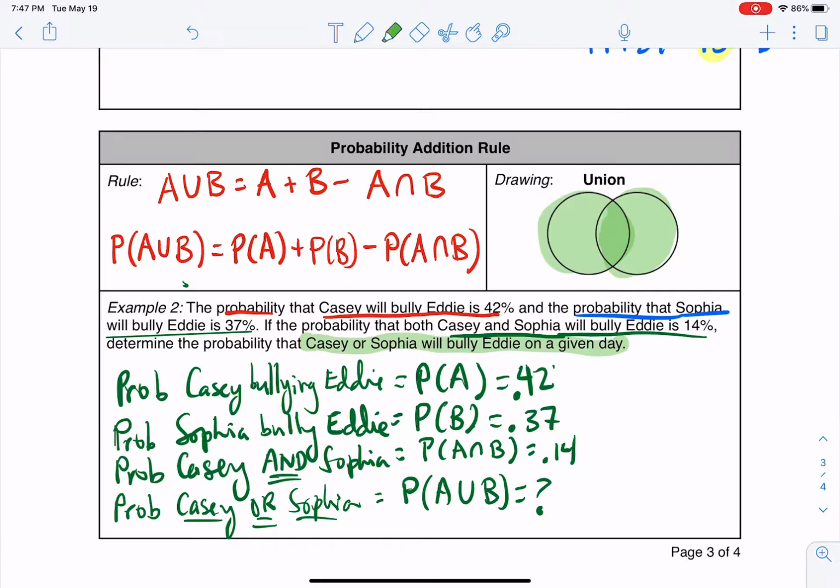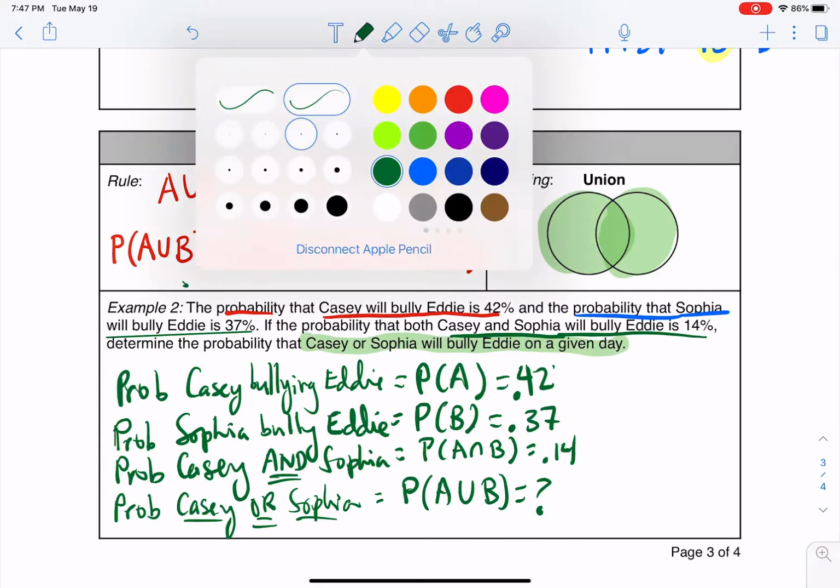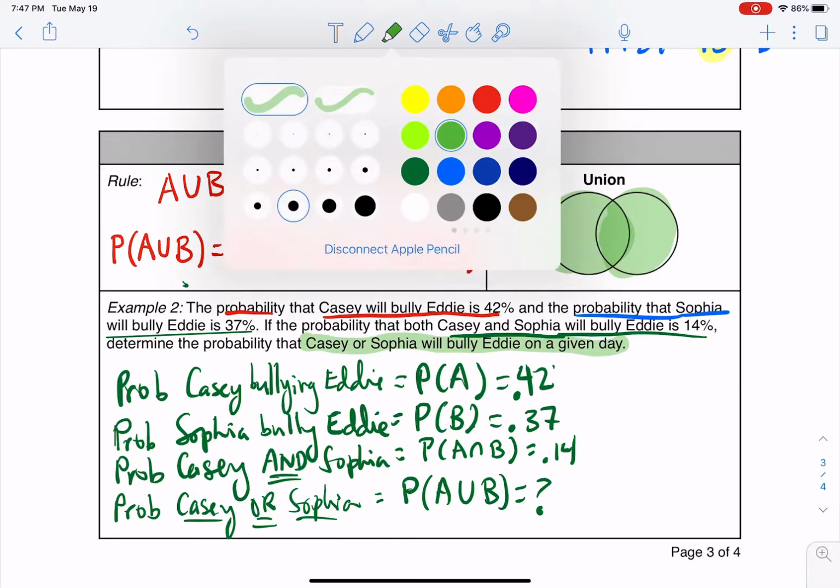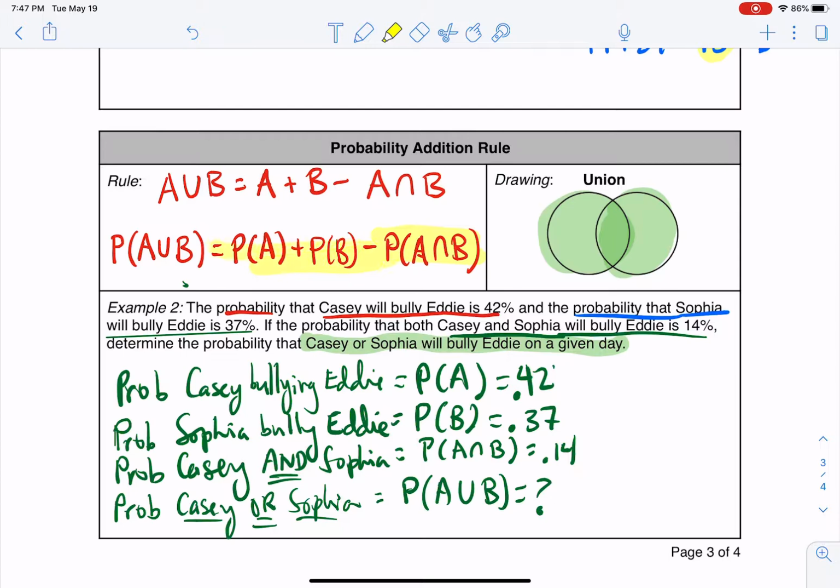So we have a lot of information there, but I'm going to go back to that probability statement that we wrote above, and we're just going to fill in what we know now.